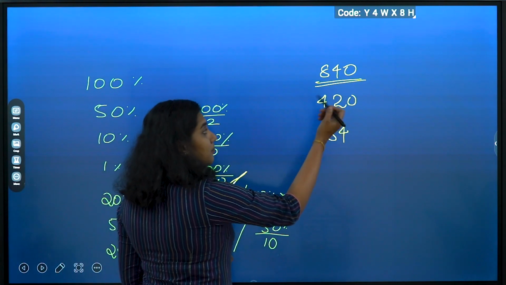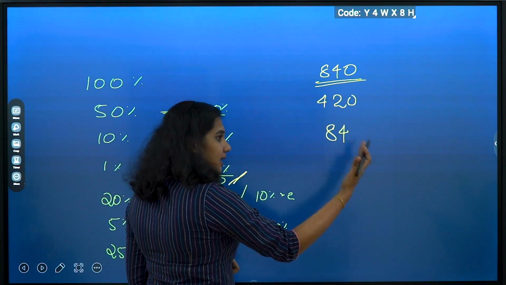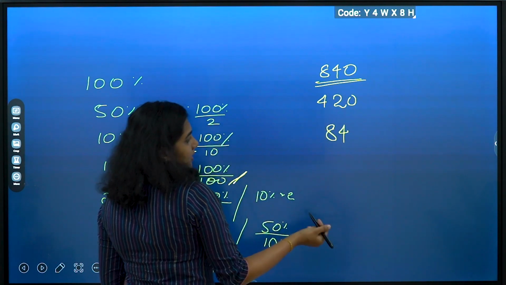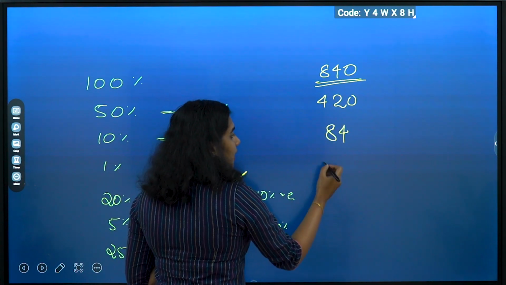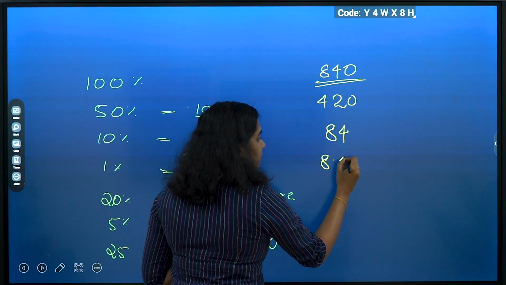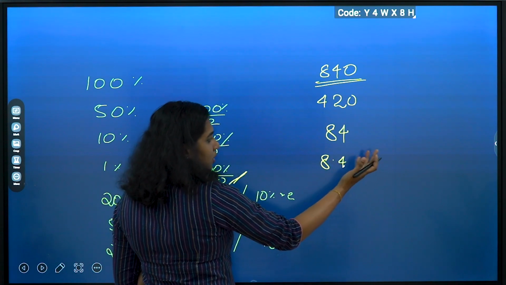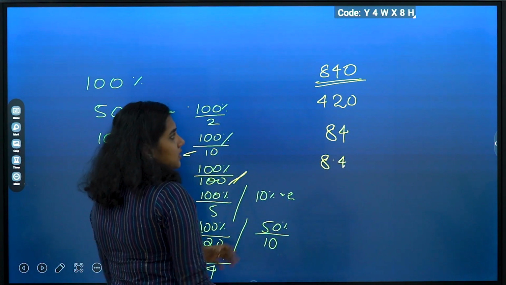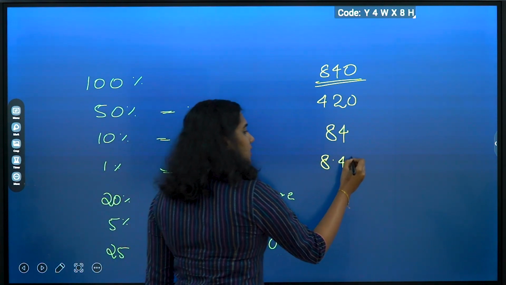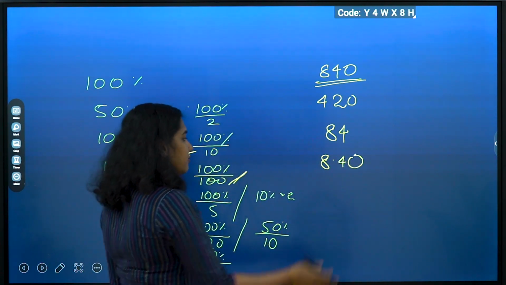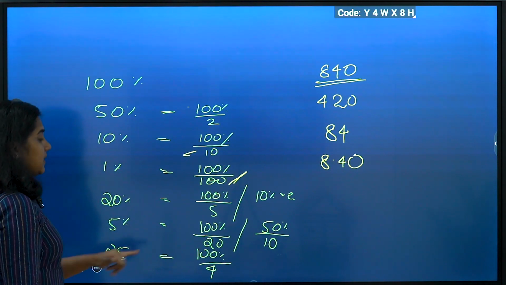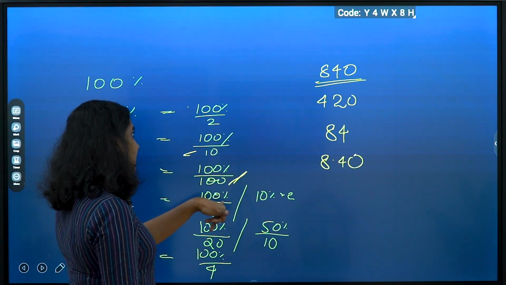So 840 by 100 means from the right hand side move 2 places and put a decimal point. So 840 by 100 will be 8.40. So there is no value for 0 after decimal, but if you have doubt, let's write 0. Okay, 8.40.